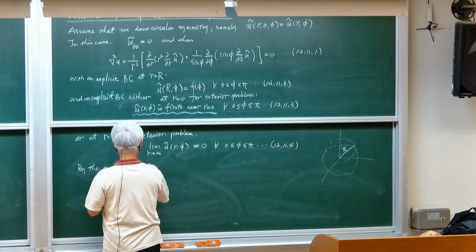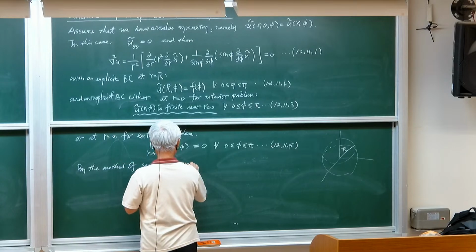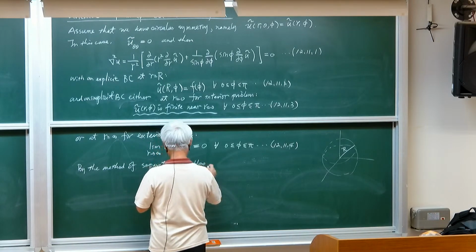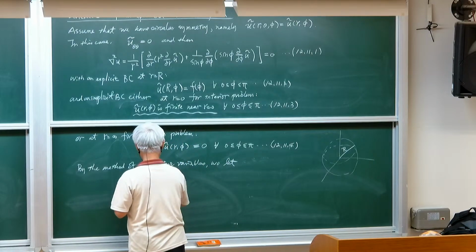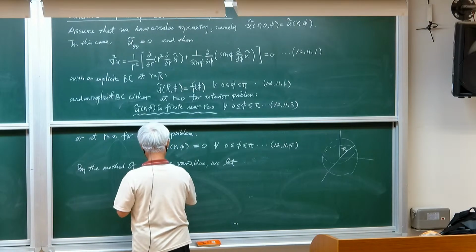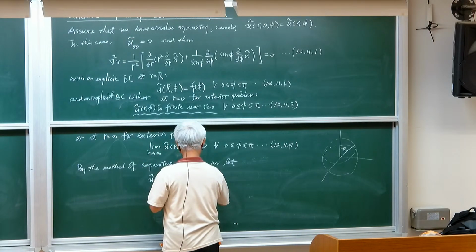And so by the method of separating variables, we let u tilde of r, phi be G of r times H of phi.